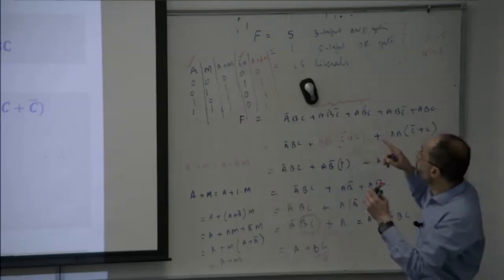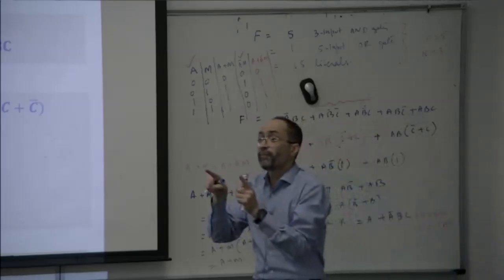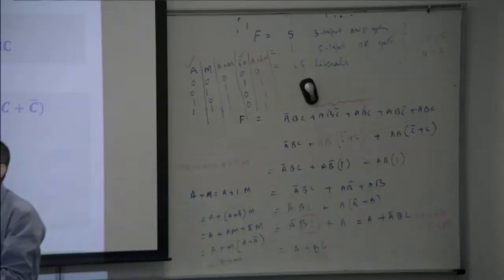Same. So now we have proved that A plus A bar M is equal to A plus M using 2 methods. What is method number 1? Truth table approach. What is method number 2? The Boolean expression or the algebraic manipulation. We call this algebraic manipulation. Got it?